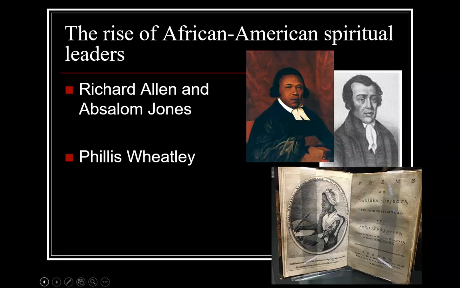She is the first African American, particularly the first African American woman, to publish a book. Other writings had been published by African Americans, but not a book like this. In fact, she is one of the first women to publish a book. So there's a lot of ways in which this is an important piece of literature.